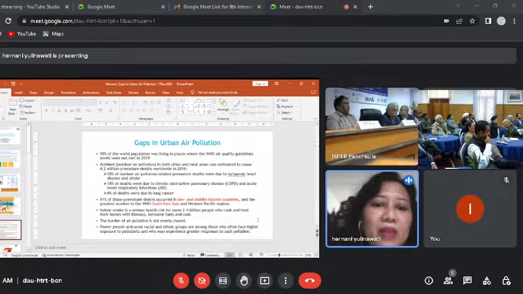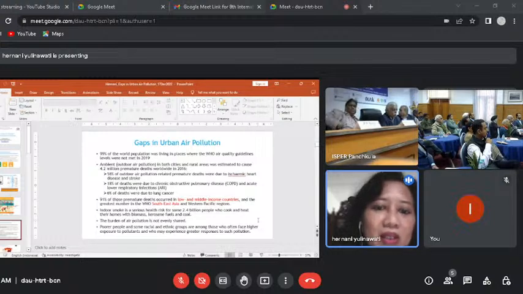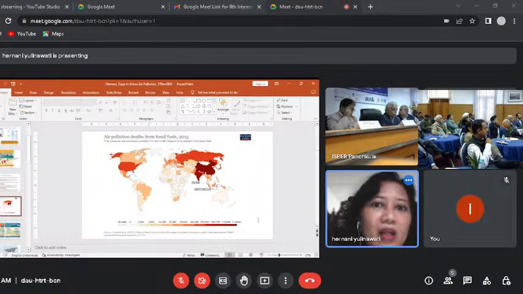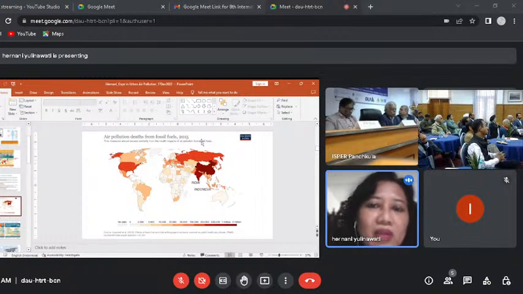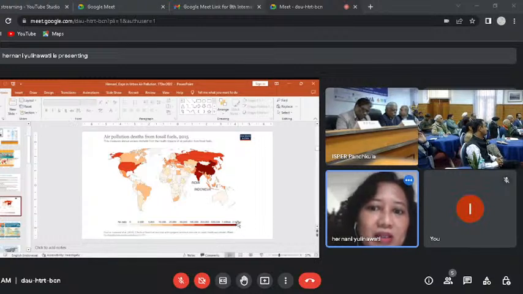Poorer people and some racial and ethnic groups often face higher exposure to pollutants and may experience a greater response to pollution. For air pollution deaths from fossil fuels in 2015, we see Indonesia and India have the highest numbers here, between 1 and 2 million.